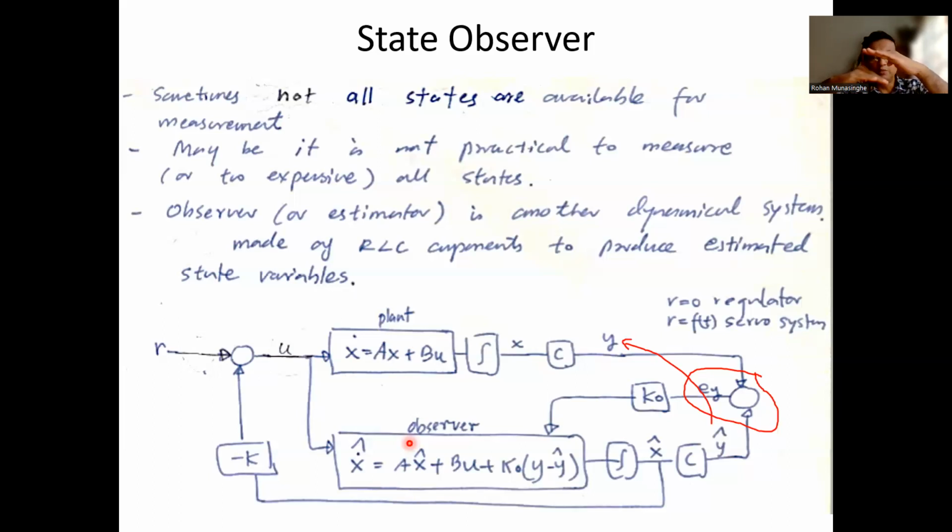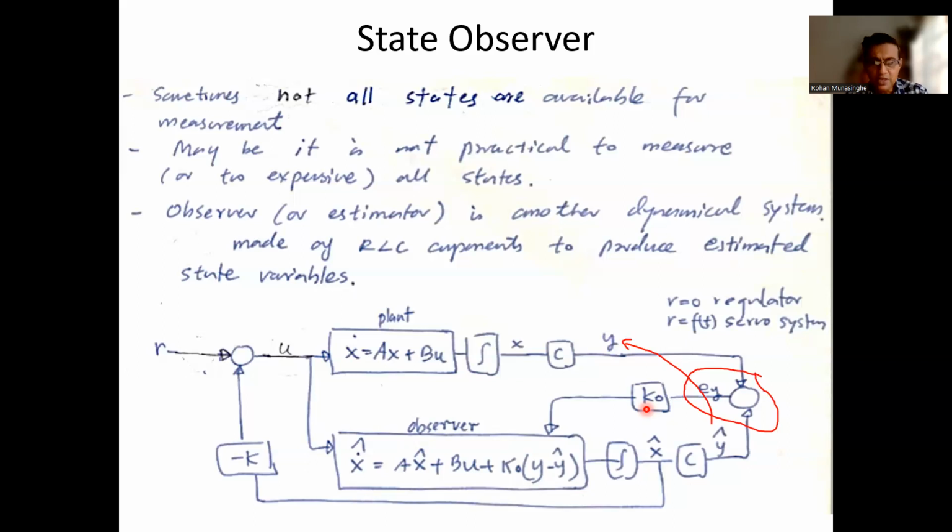When the plant changes, the observer also changes and stays very close to it. You have here K0, some gains, and you can make sure these gains are very strong so that the observer follows the plant very quickly, fast. If there's any difference, quickly the gap will be cleared, and the observer will track the plant dynamics very closely.